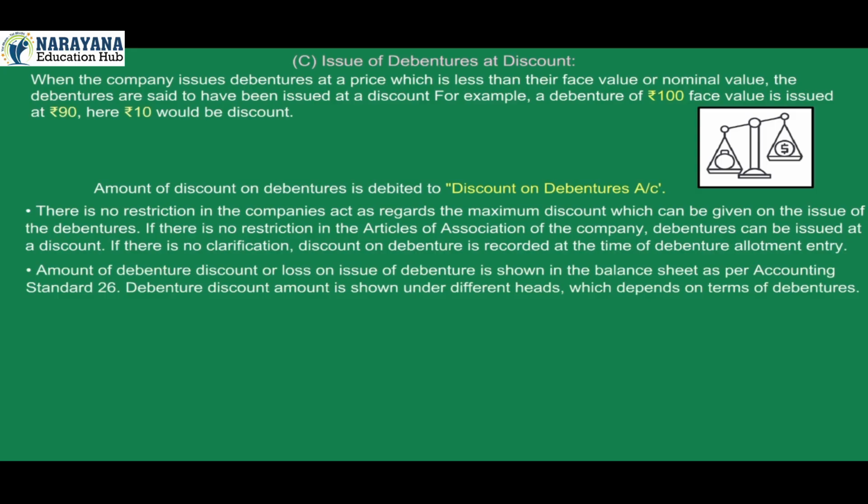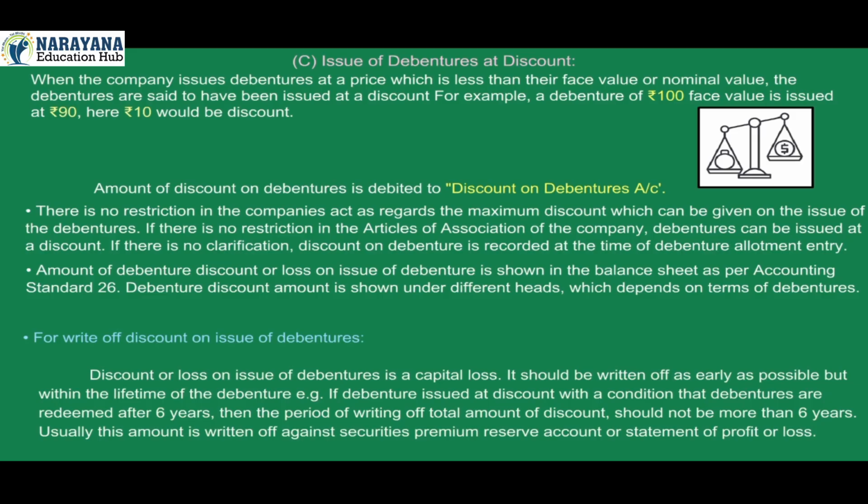Amount of debenture discount or loss on issue of debentures is shown in the balance sheet as per Accounting Standard 26. Debenture discount amount is shown under different heads, which depends on the terms of debentures. Discount or loss on issue of debentures is a capital loss.